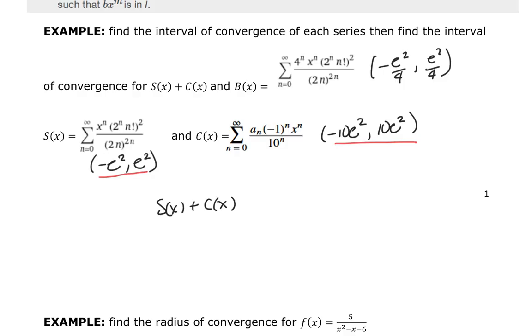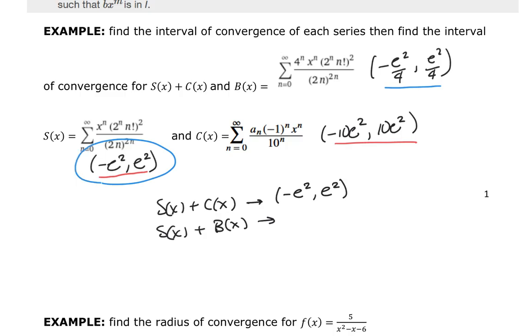And so the interval of convergence for these two will be where they are both defined, and they are both defined between negative e squared and e squared. Now, if I wanted to find the interval of convergence, say, between s of x, and I wanted to add to it b of x, in this case, this is the smaller set that's contained within this larger set, so its interval of convergence would be negative e squared over 4, and then e squared over 4.